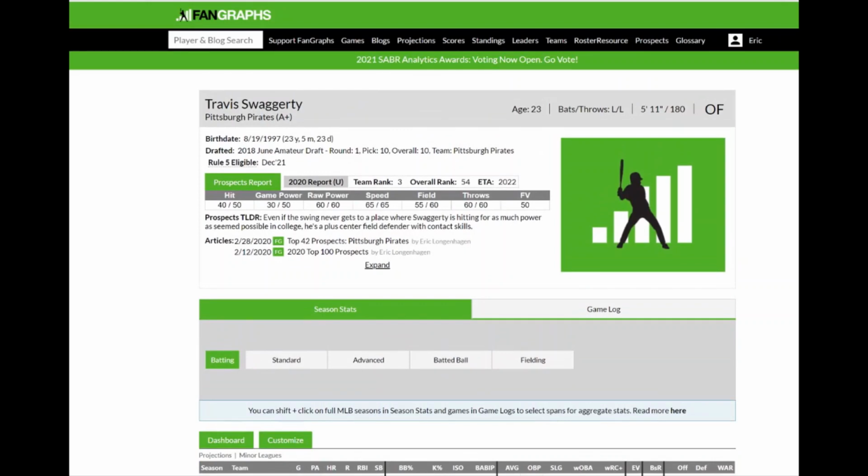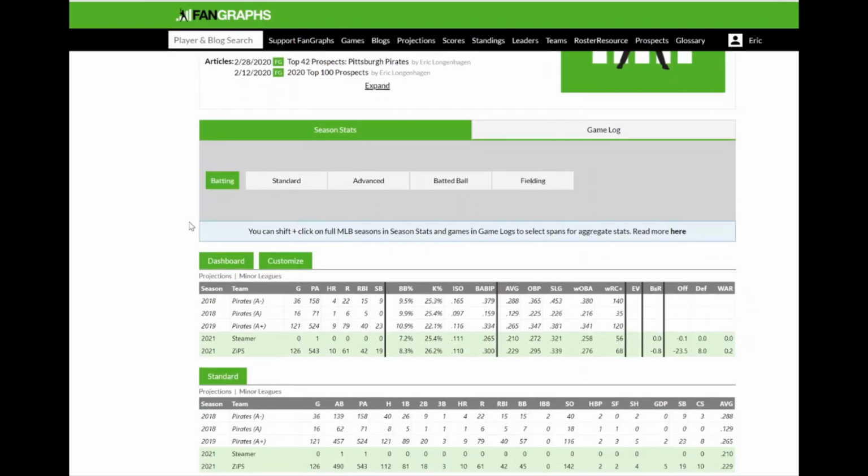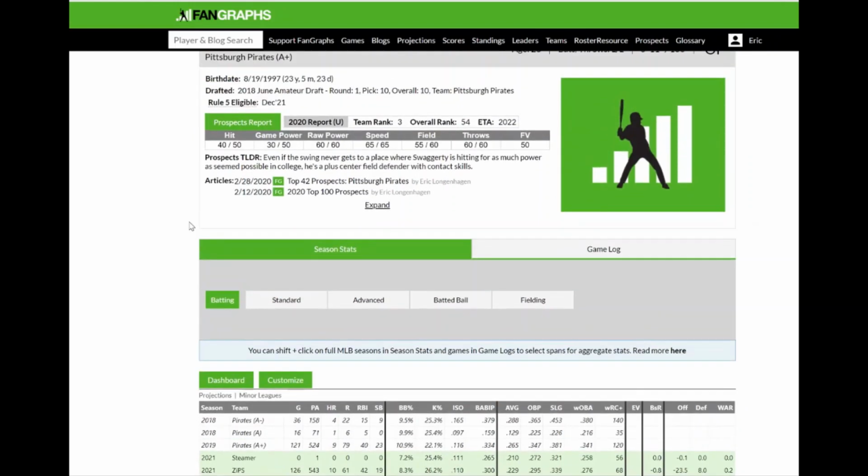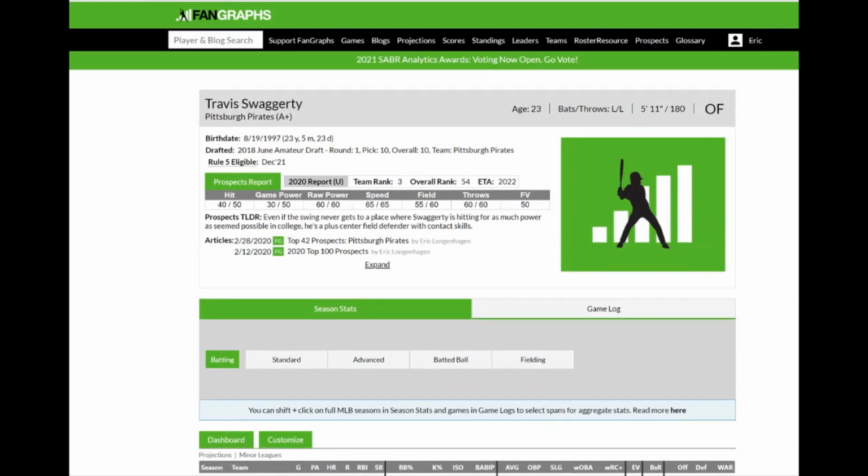So if I'm lining up these two guys, maybe I 45 both of them and prefer Swaggerty because of the reasons I just said. But I think the possibility that his swing gets dialed in and there is power, even if it comes later during those 6 years of team control, means that I'm going to value this guy as a 50. He's a 45 based on what he is now.